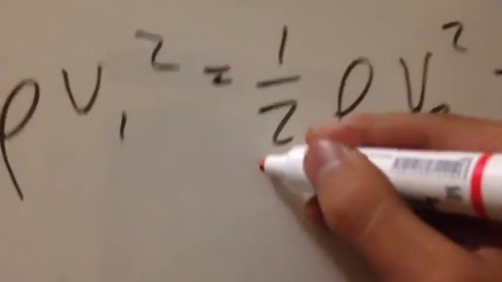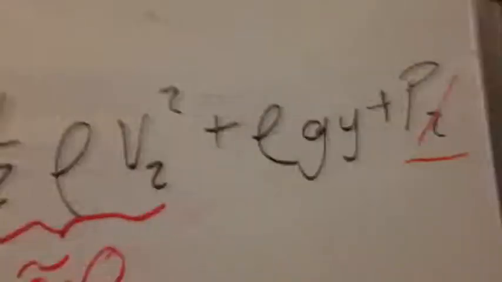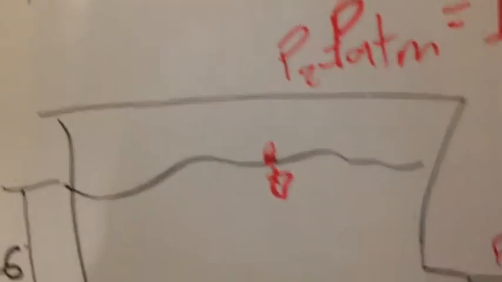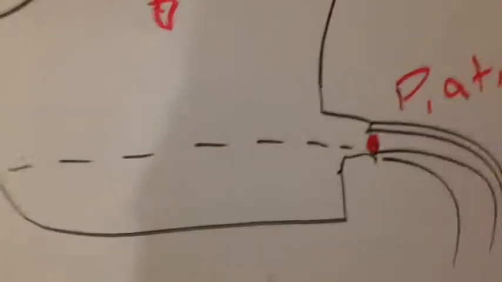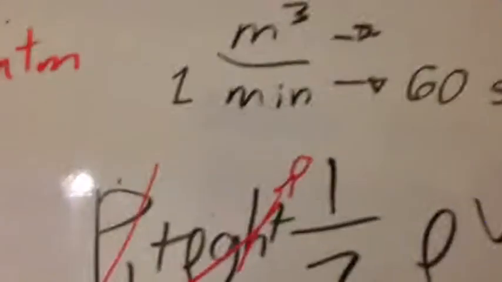We can also assume that this speed will be more or less zero because the rate at which the top goes down is very slow, and this part will be a little bit faster. So we can assume that part is zero, and in here the height will be zero, so this whole term can also go.